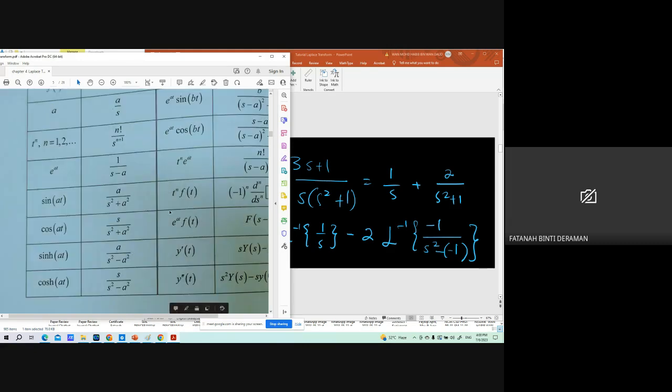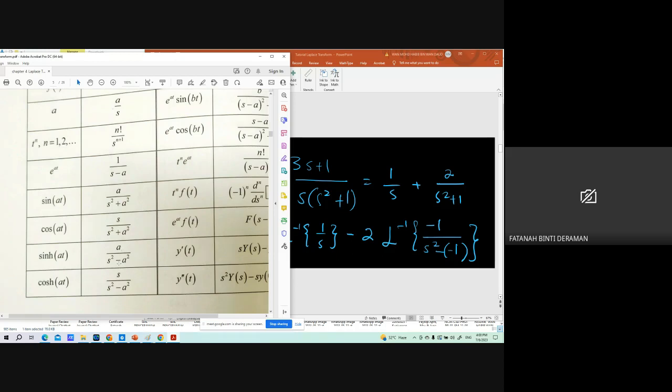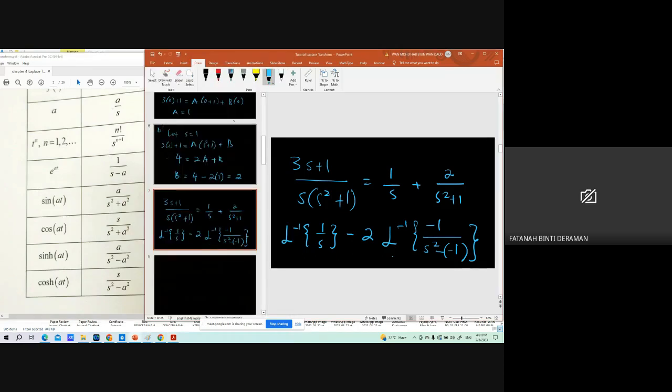So actually, so here we can just easily, there is 1. So there is 1 a square.